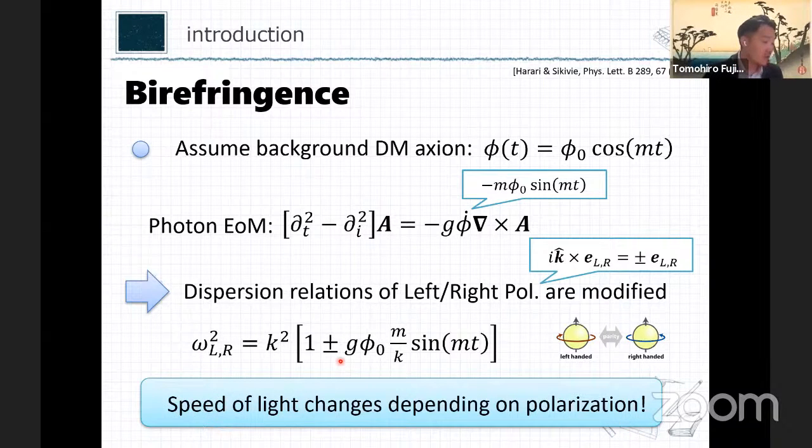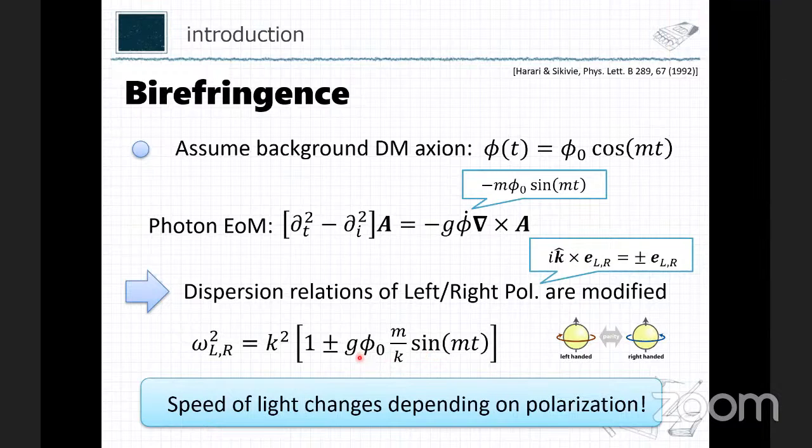I forgot to say that this flipped sign corresponds to the left-handed and right-handed modes of the photon. And the sign of this term also flips over time due to this oscillating factor. Always the sign becomes plus or minus. It's oscillating.